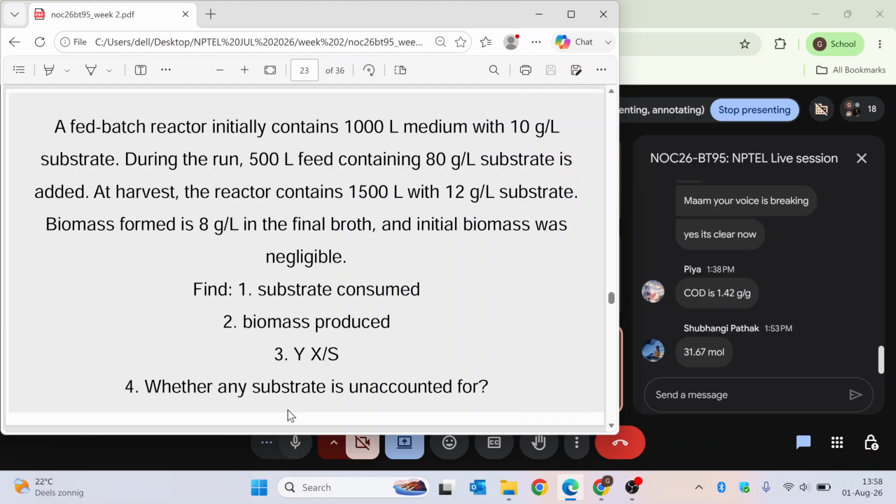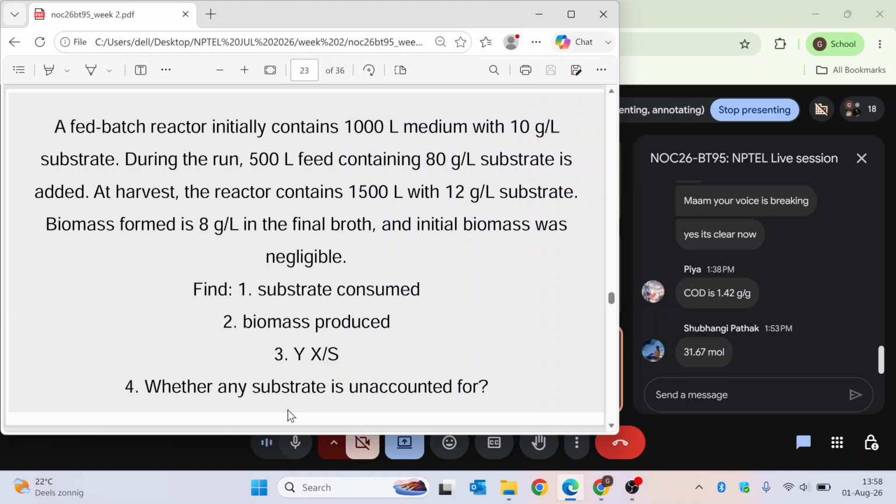The next question is, a fed batch reactor initially contains 1000 liters of medium with 10 gram per liter substrate. During the run, 500 liter feed containing 80 gram per liter substrate is added. At harvest, the reactor contains 1500 liters with 12 gram per liter substrate. So the biomass found is 8 gram per liter in the final broth.